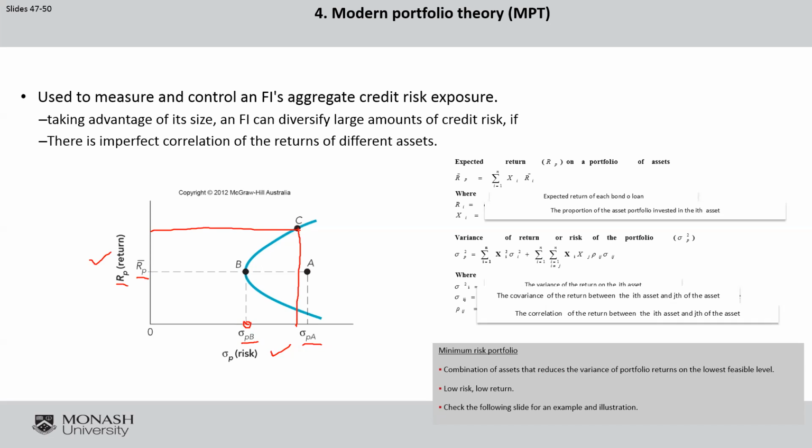For C, it's higher return and higher risk, but the modern portfolio theory will tell you put all the portfolios there and take the least risk and match it with its return. So in this case, we are actually talking about this one. So this is when you optimize your portfolio.